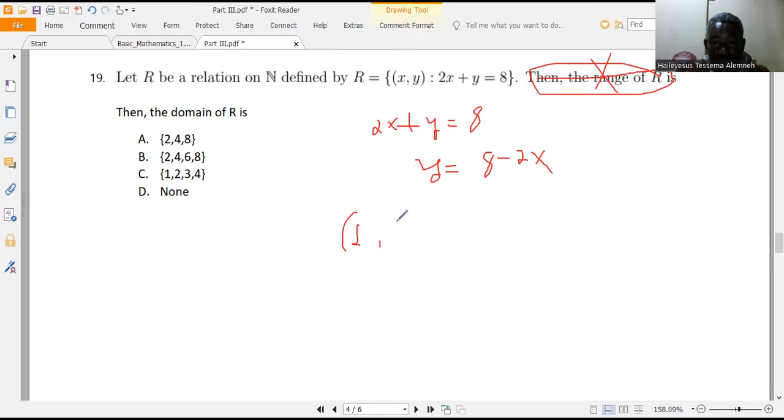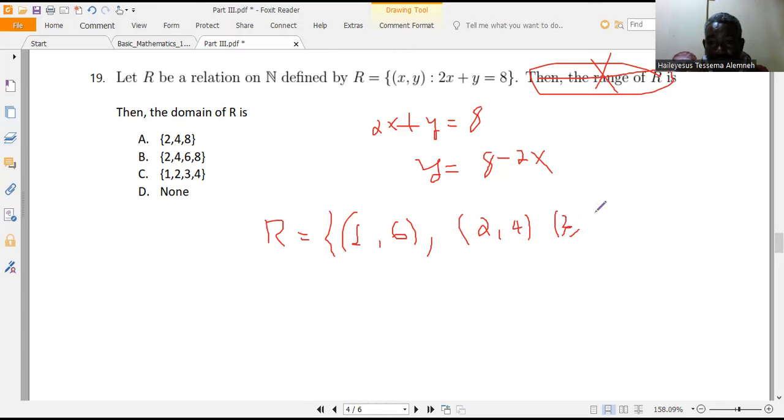The relation R contains those elements. When x is equal to 2, it is 8 minus 4, which is 4, another element. When x is equal to 3, it is 8 minus 6, which is 2.